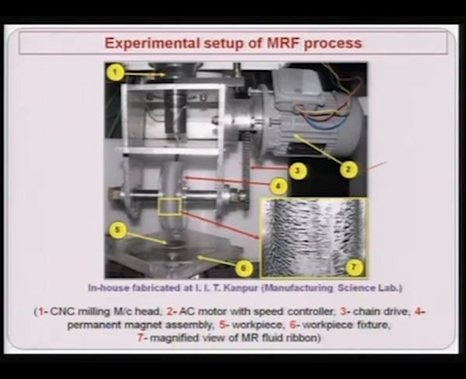Five is the workpiece that is shown over here, six is the workpiece fixture, and seven is the magnified view of the MR fluid ribbon. The ribbon that is being formed over here is magnified, and as you can see here, these are the brushes. These brushes are formed, and their strength depends upon the magnetic field strength, and these brushes have abrasive particles outside, as we have seen in the video film.